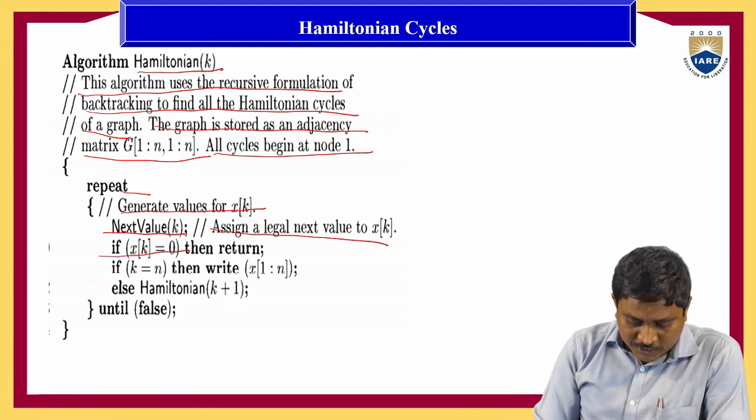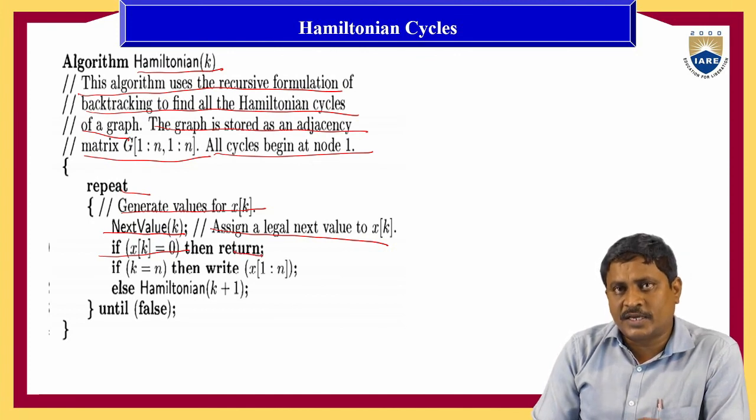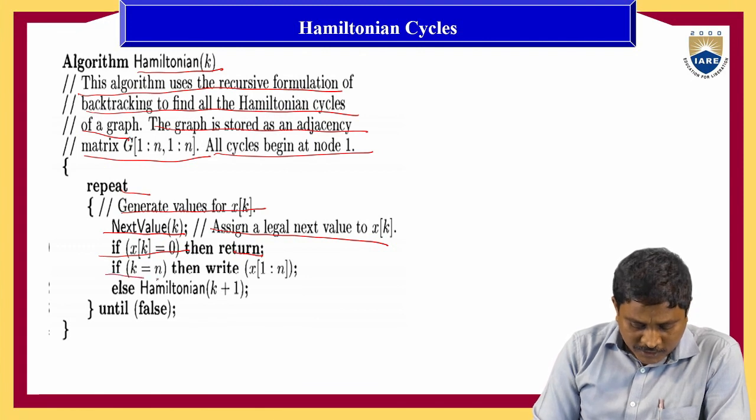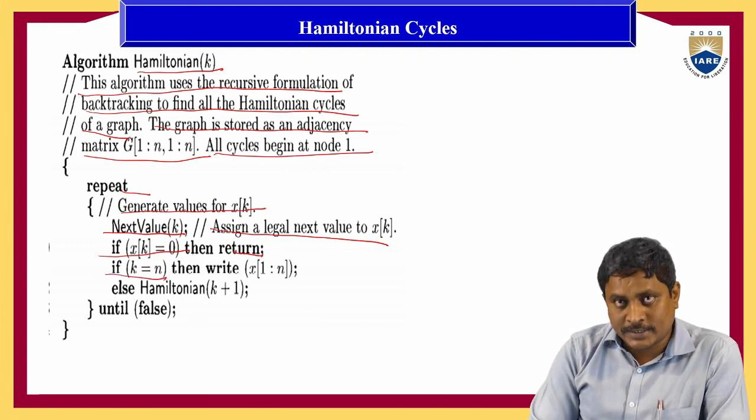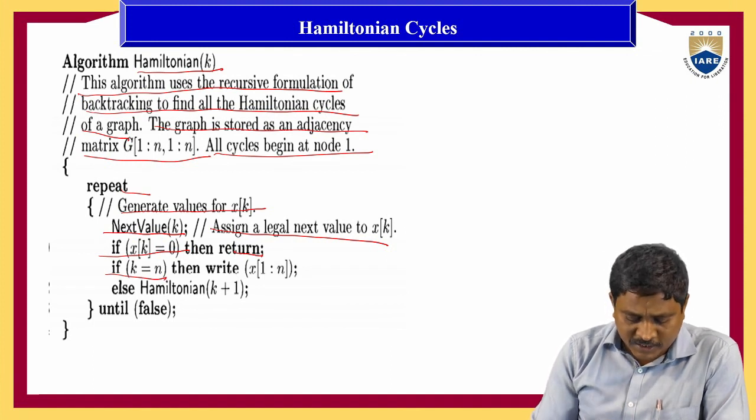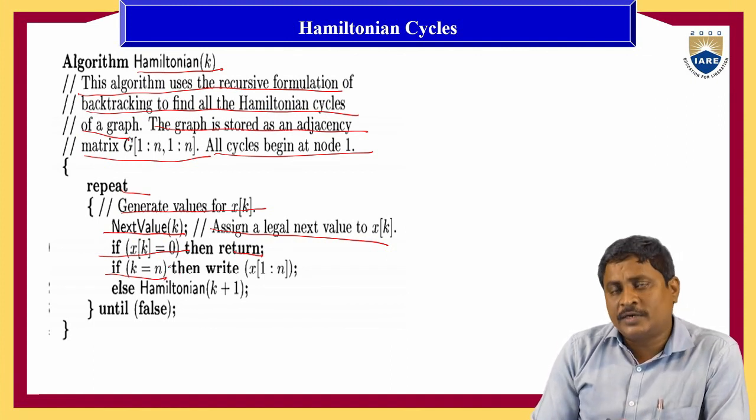If x of k equals 0, then return. X of k equal to 0 means there is no next vertex. If k equals n, that means here again we come back to the starting vertex, so we get the Hamiltonian cycle. That means the Hamiltonian cycle is constructed.